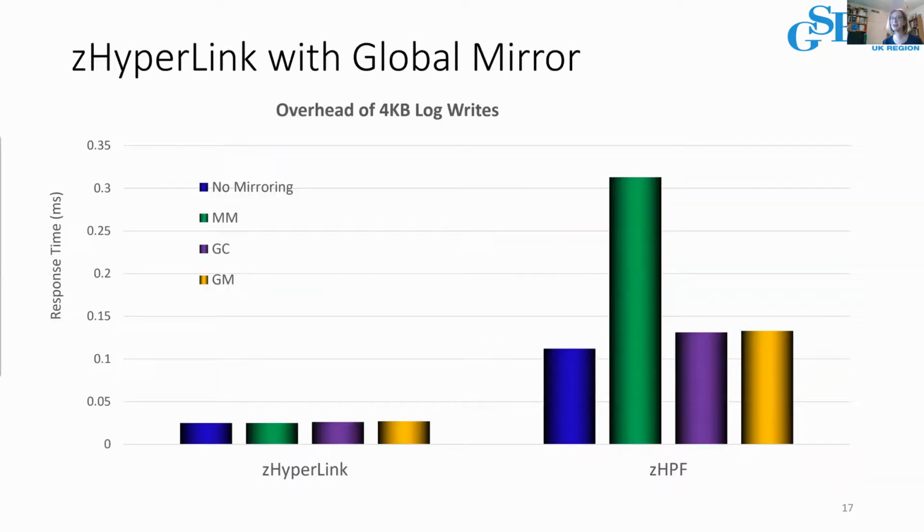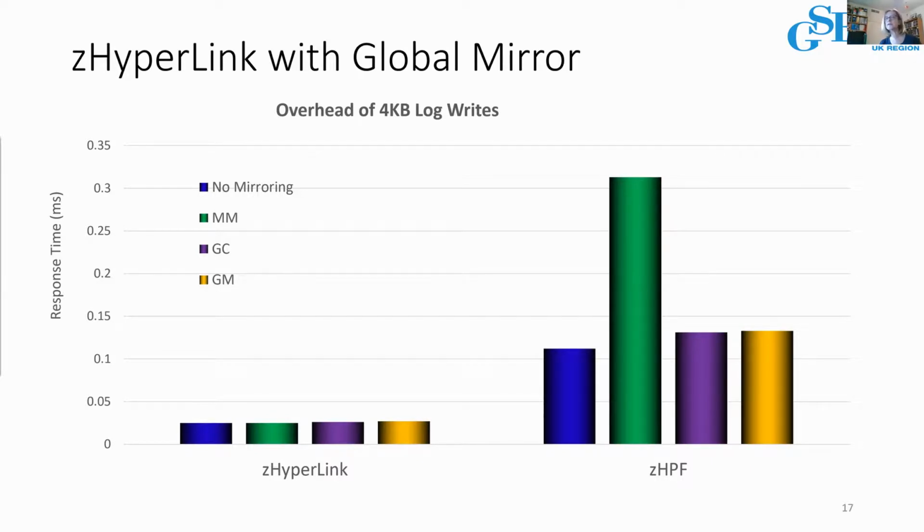All right, now my favorite chart. So this chart sort of shows the effect of this go, no go paradigm, the effect of making sure that everything is available to the control unit before we start to process the IO. We see that in blue is no mirroring or simplex, in green is Metro Mirror, in purple is global copy, and in gold is global mirror.